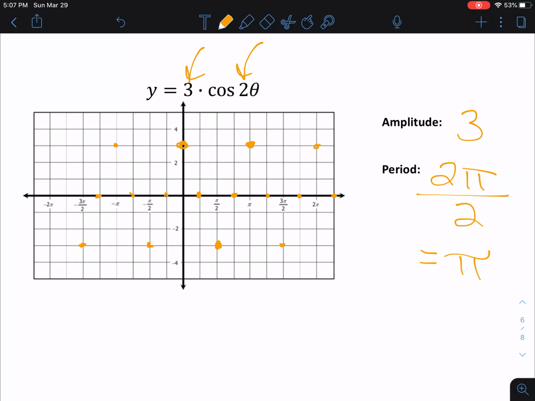As you're doing this on your iPads, hopefully you will not have as many difficulties as I seem to have. Okay, not too bad for me on the iPad. All right, so that would be y equals 3 times cosine of 2 theta.